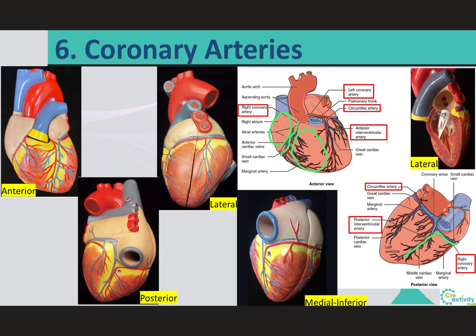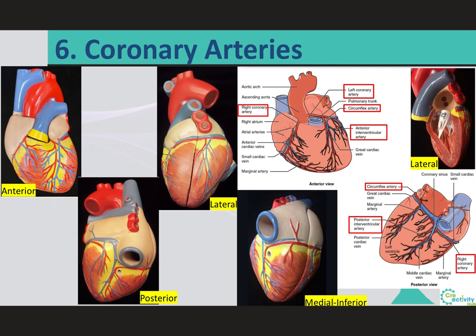Once it starts to go down posteriorly, it will be called the posterior interventricular artery. Makes sense. It's going to be located in the posterior side between the ventricles, and it's an artery, posterior interventricular artery. Next, let's look at the left coronary artery.